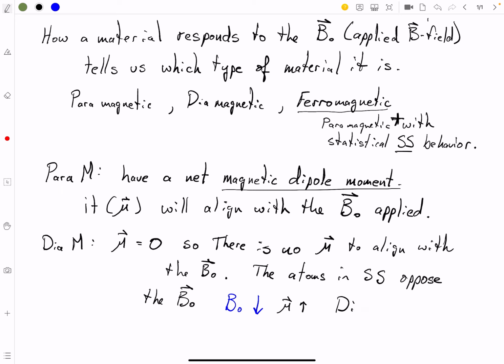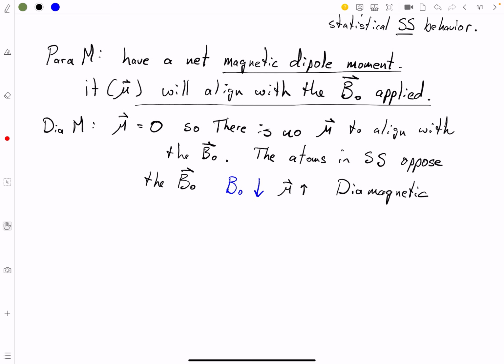So this is diamagnetic. And up here, the fact that they want to align, that's paramagnetic. Okay, parallel, right? And dia meaning opposed to. Okay, so good.